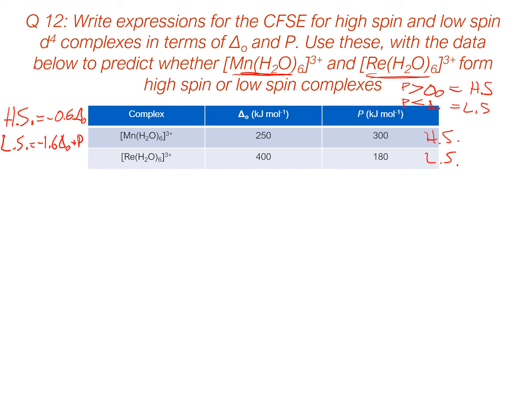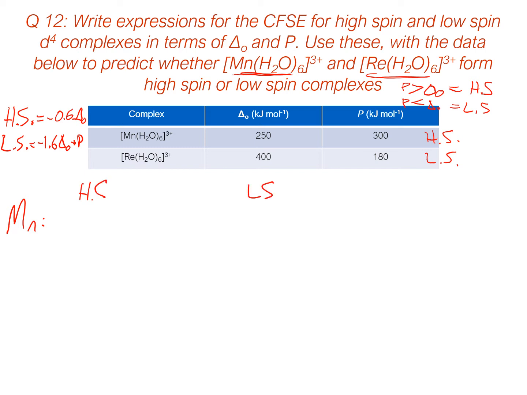But that's kind of cheating. Let's prove this is actually the case and use these values and show how much more stable it will be to be high spin or low spin. So with the manganese complex, there are two options. We'll do the high spin and low spin.